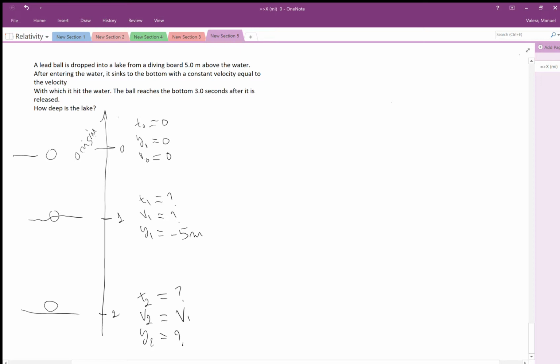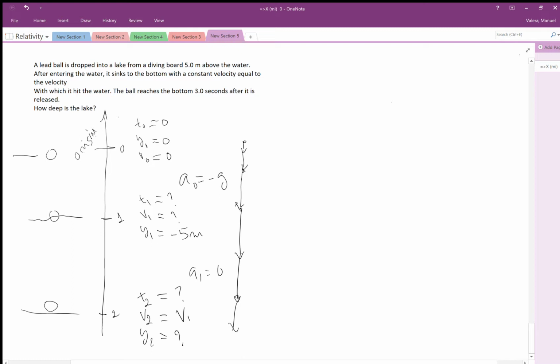The acceleration in this segment is G. I'm going to call this A0, which is minus G, and here I'm going to call this A1, which is 0. If I draw a motion diagram for this, it would be the velocity increasing, and then after that it goes at a constant speed.